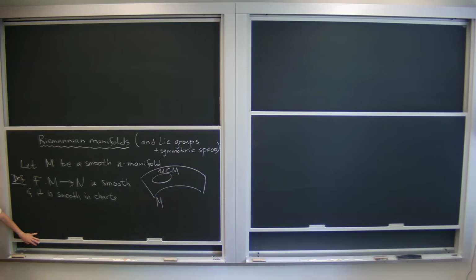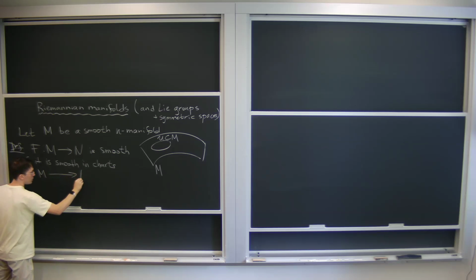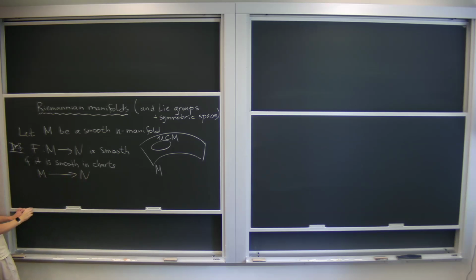Let me just draw a diagram. So we have M to N, right? We have also maps phi sub U, with the image of U sitting in Rn.